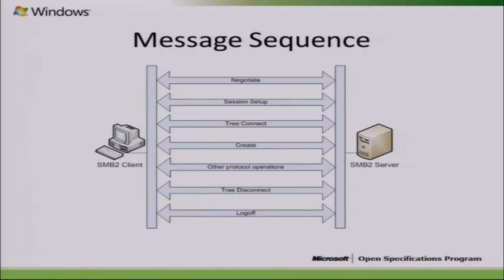And then if the client has finished all operations it intended to do, the client will send a tree disconnect request to disconnect the share. And once the tree is disconnected, the client will log off the session from the server.